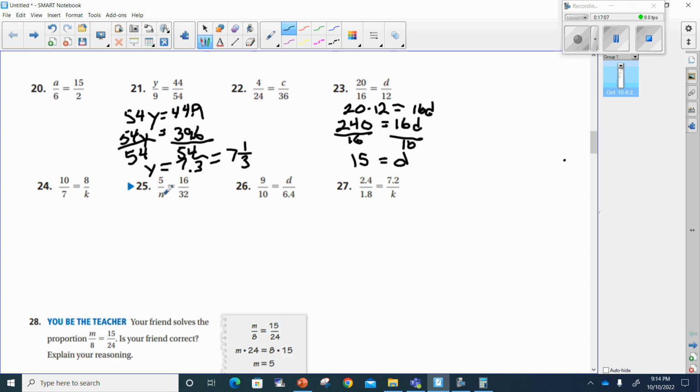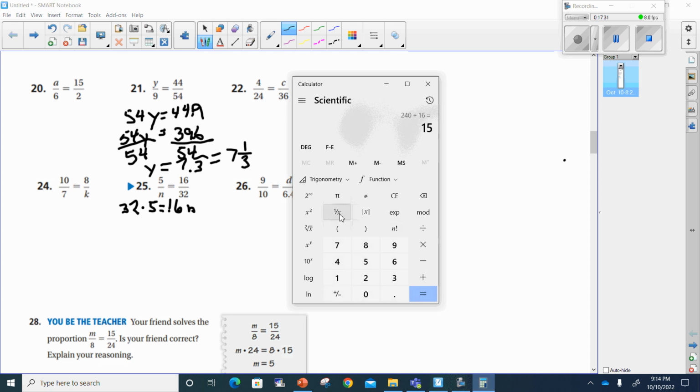Now I got number 25. This is 5 times 32. That has to equal 16N. Now I'm going to take 32 and multiply it by 5.